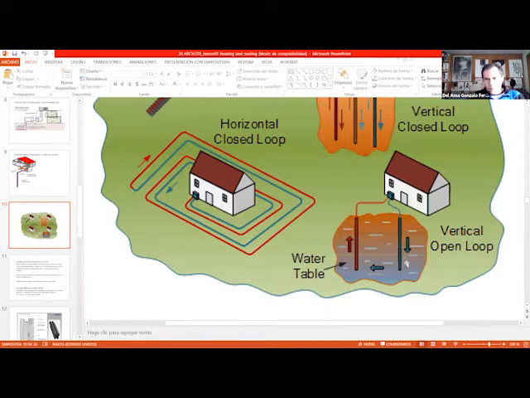But the problem is that, I don't know in the United States, in New Hampshire, there are a lot of lakes, there are a lot of rivers. And there are a lot of houses with waterfront. So are they using this kind of open loop systems? I don't know. In Europe, this is forbidden. Why is it forbidden?